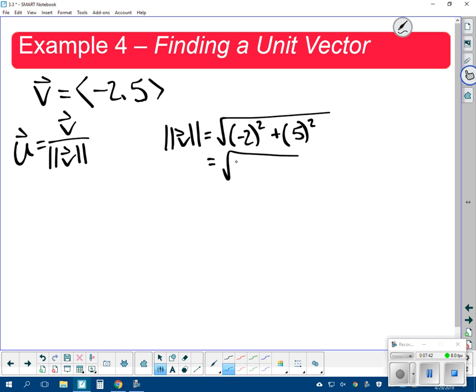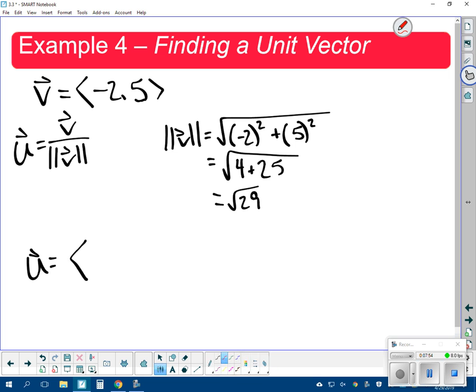So that's the square root of 4 plus 25, so the square root of 29. Doesn't simplify. So therefore, our unit vector's component form is simply -2 divided by the square root of 29 and 5 divided by the square root of 29.